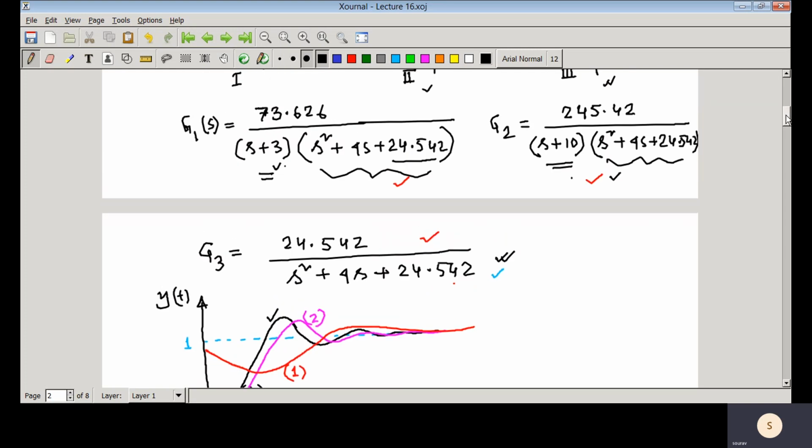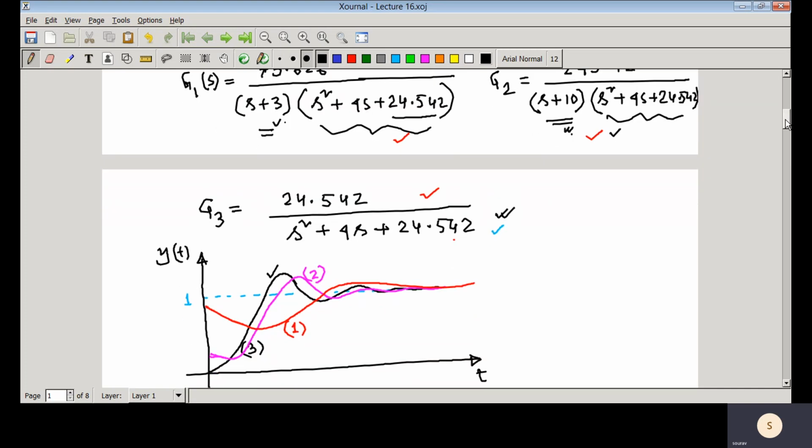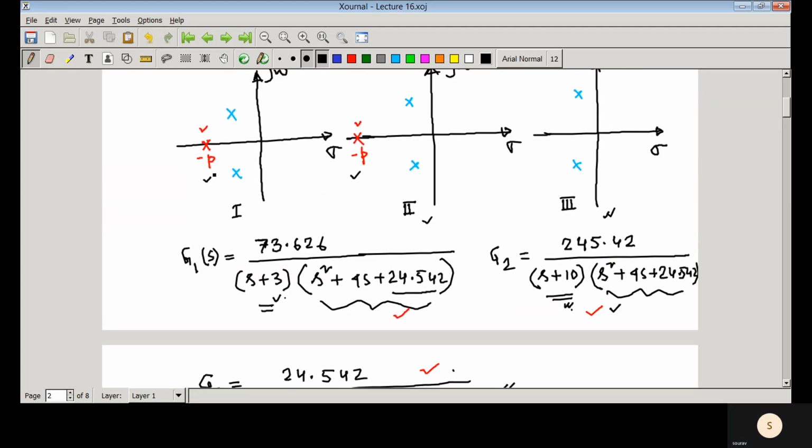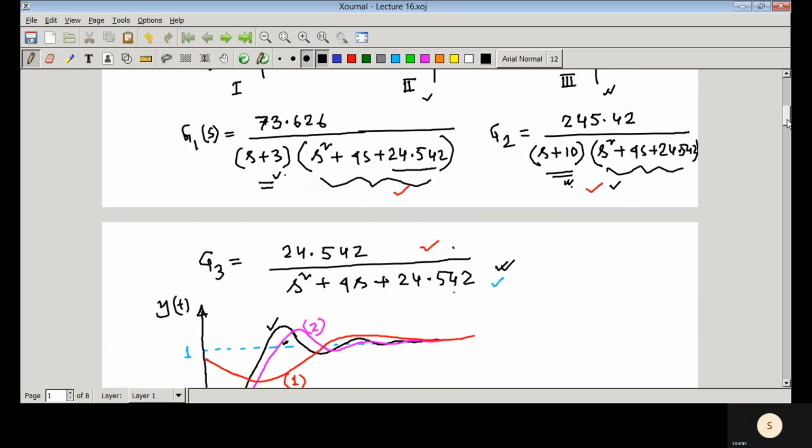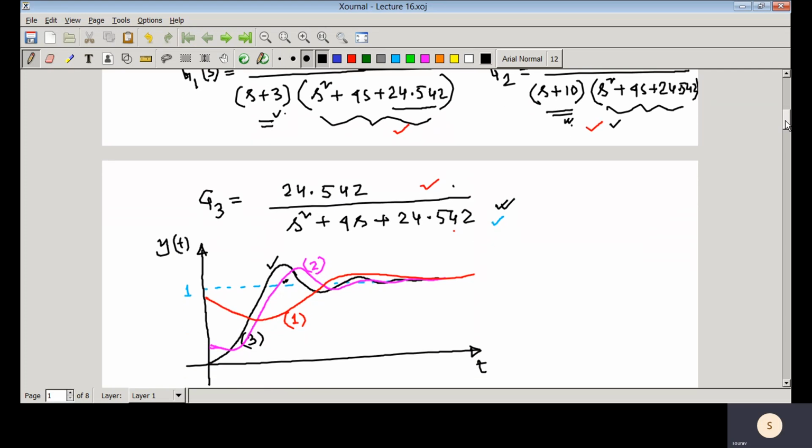Then whenever that pole is placed far away from the origin, it has some effect on that response, but that response is very close to the second order response. But whenever that pole is moving towards the origin, then the effect of that pole on the response is dominating.